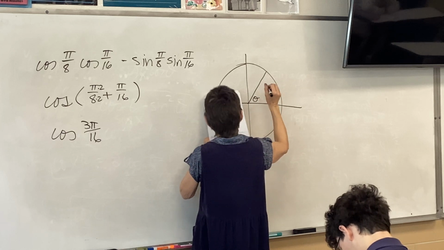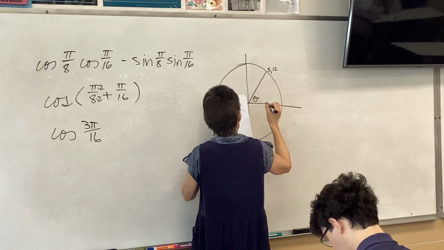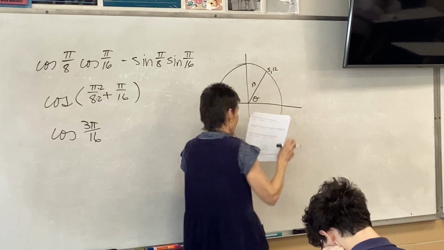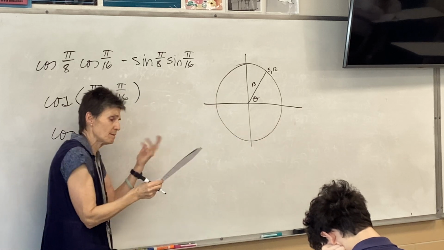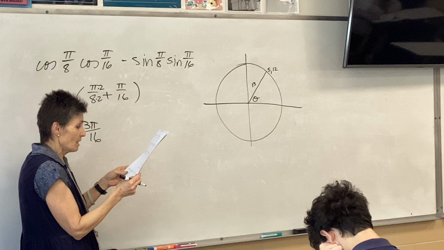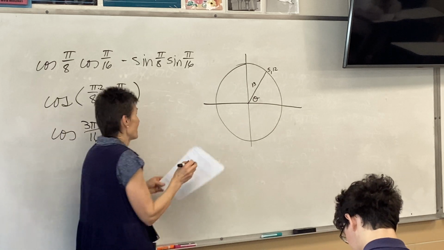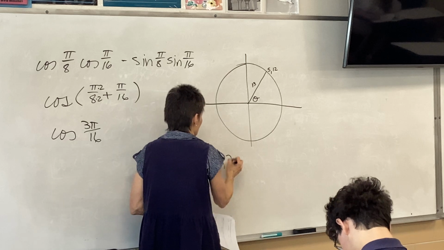Example 5, we got a point on our circle that's (5, 12). They tell us the hypotenuse, or the radius, is 13, but we could have figured that out on our own. What is the value of sine 2 theta?